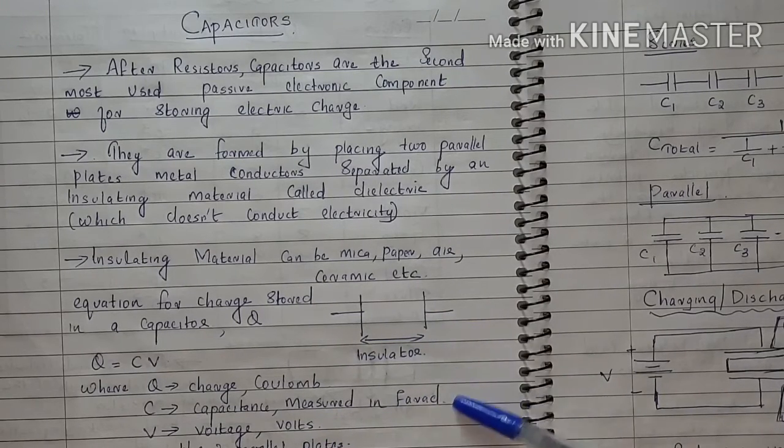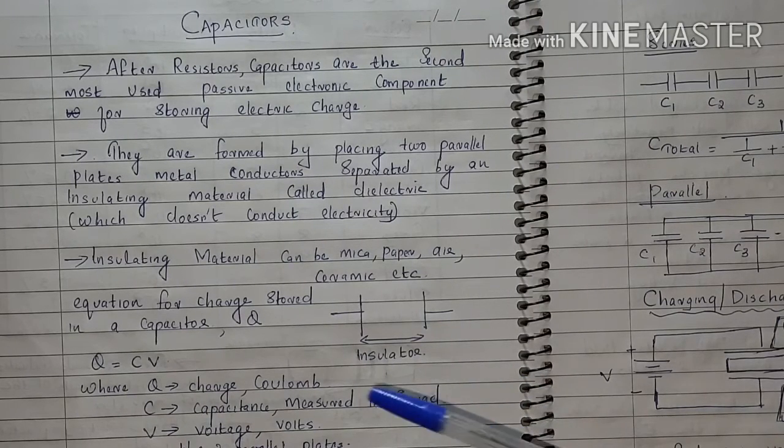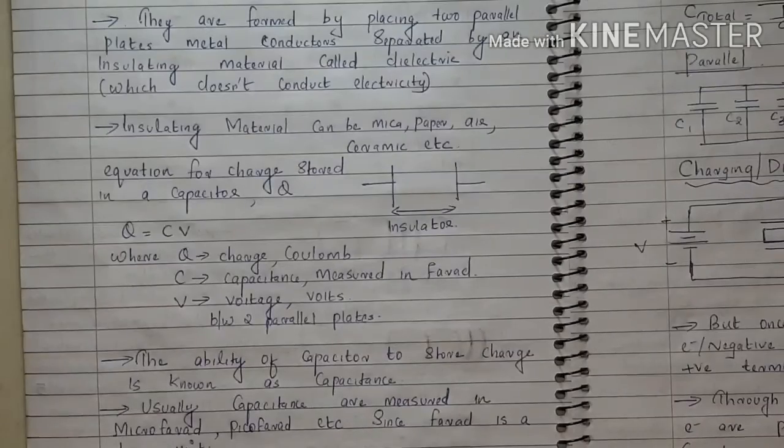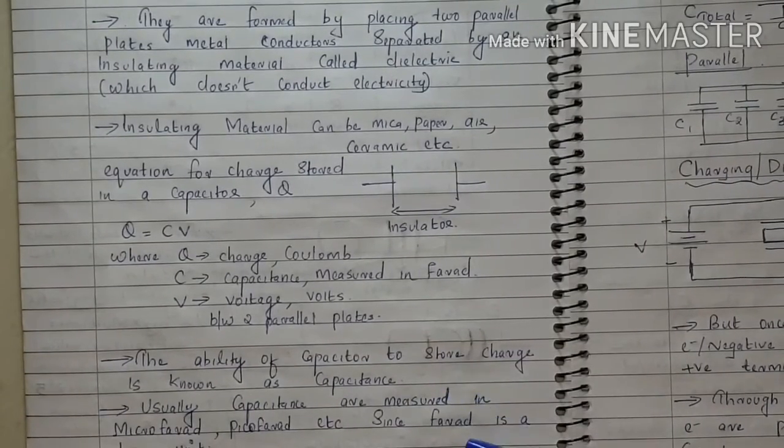Since farad is a big unit, usually capacitance is measured in microfarad, picofarad, nanofarad. And the ability of a capacitor to store charge is known as capacitance.